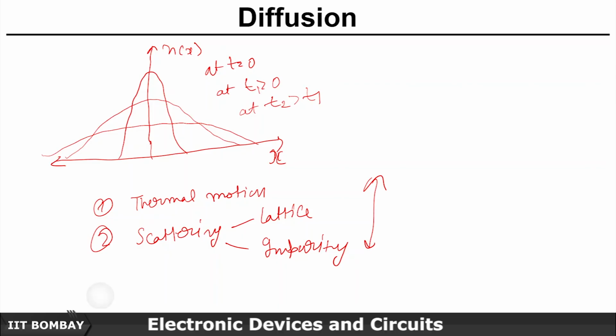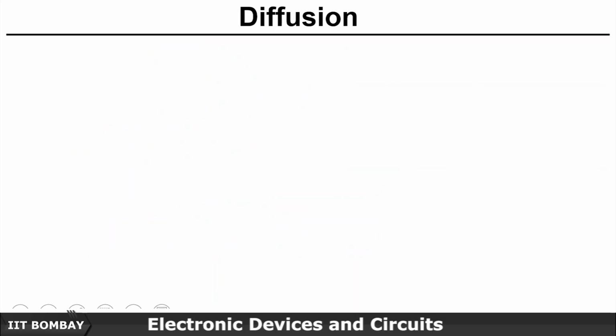So I hope you could understand a little bit about diffusion. Let's develop some mathematics of the diffusion. Ultimately our goal is to calculate the diffusion current, and in order to calculate the diffusion current, first we need to calculate the flux of these charge carriers.